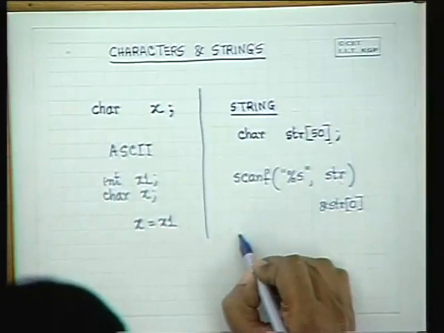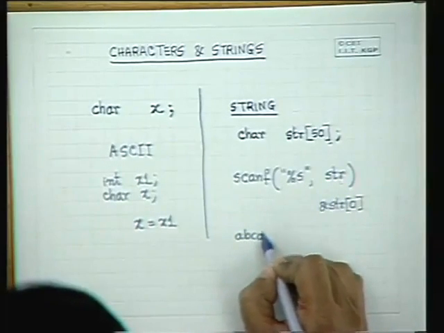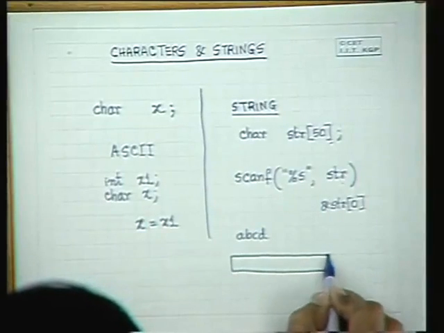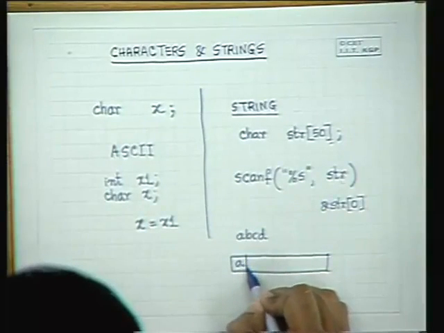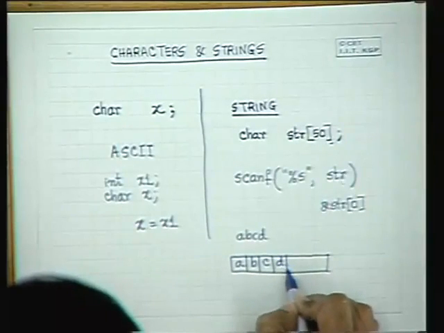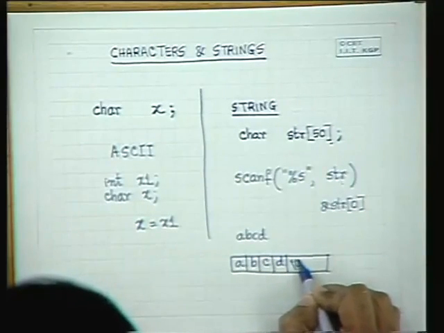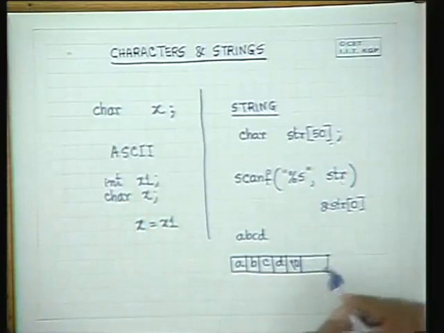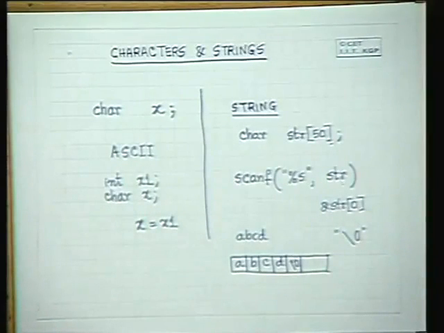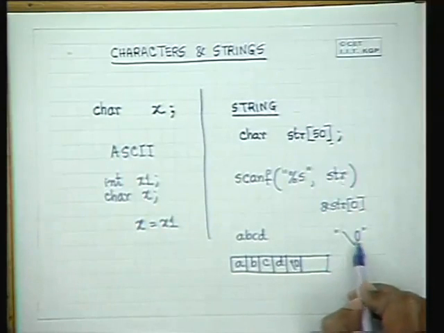And if you write A, B, C, D, then it will store it in the array like this: A, B, C, D, and it will end it with a special symbol which is called \0. All strings are ended with an end marker like this.